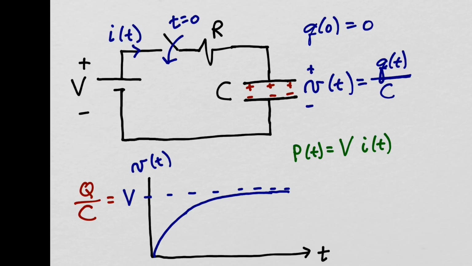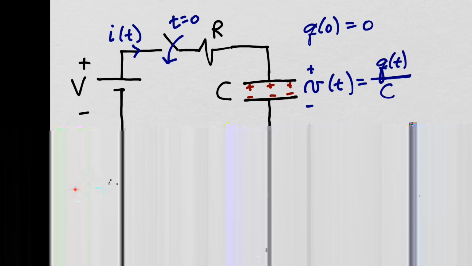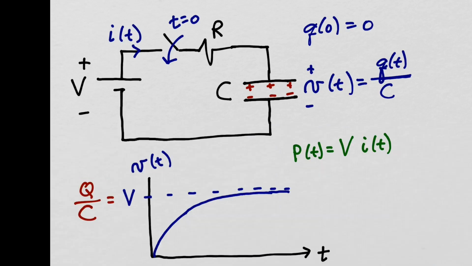So work is done in charging up a capacitor, and summing up all that work to go from a value of charge of 0 to a value of Q will tell us how much energy is stored on our capacitor.